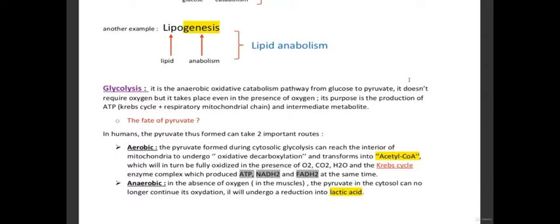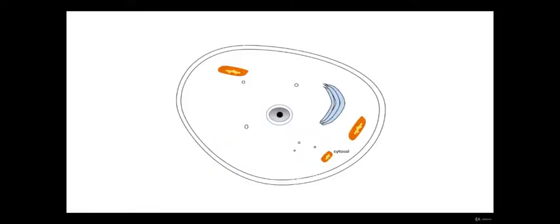Its purpose is the production of ATP through a very amazing process: when glucose enters the cytosol of the cell, it will undergo a chain of reactions leading to the formation of pyruvate. In total, 8 reactions give at the end 2 pyruvates, each containing 3 carbons.